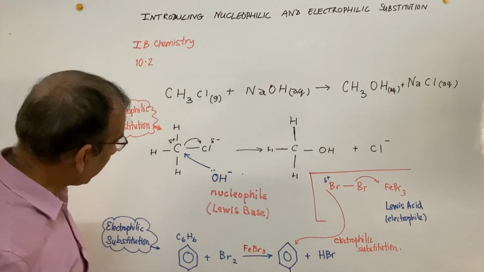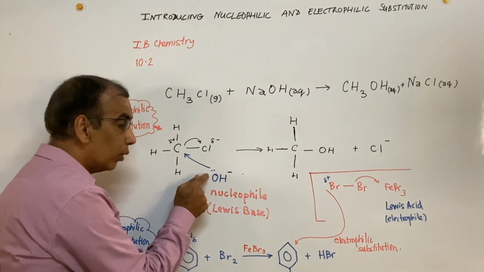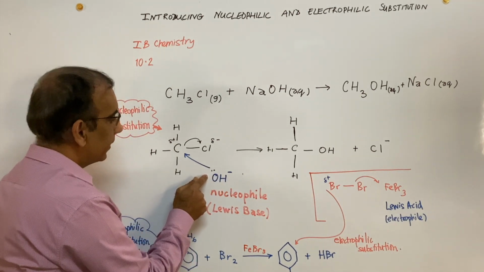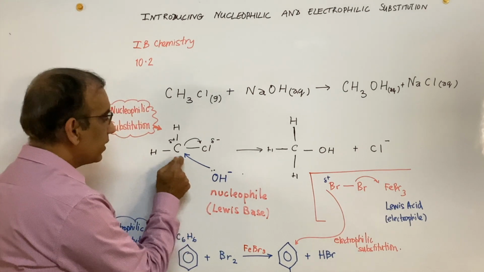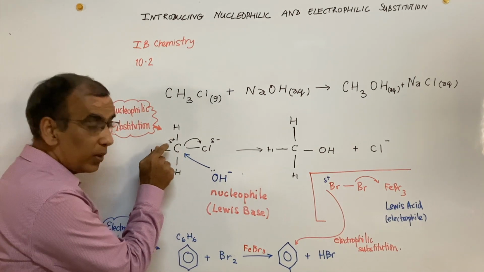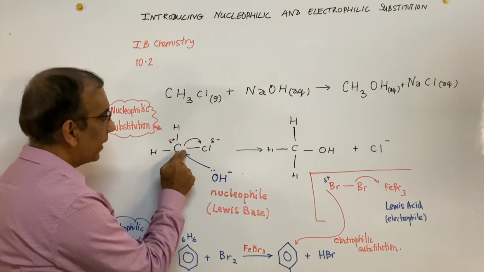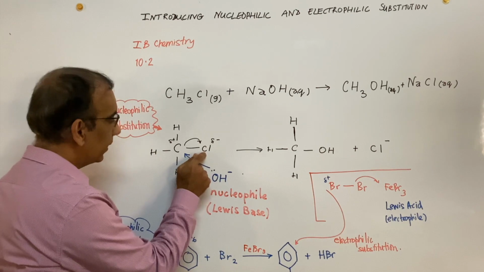But what is of significance is the presence of the OH with its lone pair and how it approaches this carbon here, which has a small positive charge because of its attachment to the very highly electronegative chlorine.